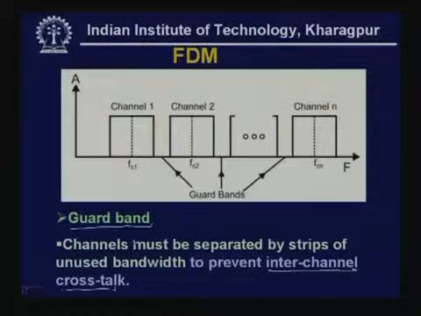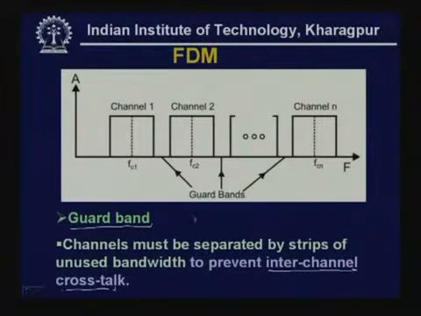If the channels are very close, then the signal of one channel will disturb the signal of the other channel. Sometimes we observe, whenever we receive radio signals, that adjacent channels are so close that if the filtering is not done properly, then it disturbs the signal of adjacent channels. So, that kind of thing can happen.